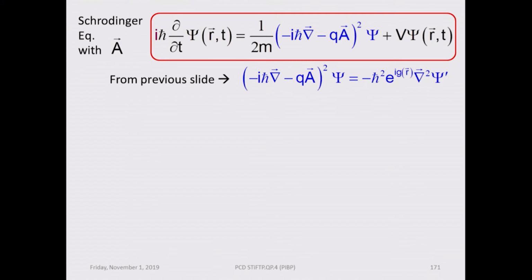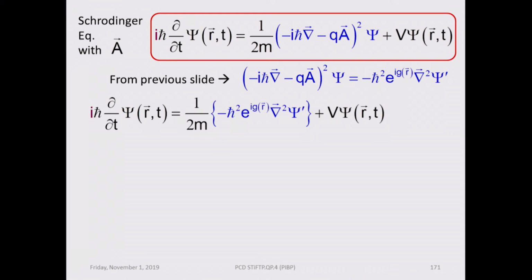And the result from the previous slide tells you what happens if you operate by the square of this operator, which is in blue, to psi, you get the Laplacian operating on psi prime. So, what is in blue can be replaced, they are completely equivalent to each other, which is what we have done now. Okay?